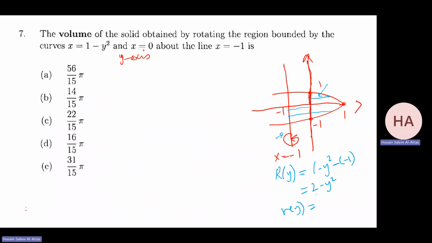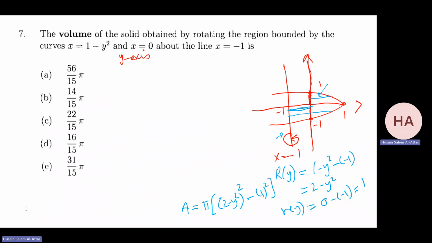Small r of y, which is this one, will be 0 minus minus 1, and that is 1. So the area will be pi times R squared minus r squared: 2 minus y squared, squared, minus 1 squared.